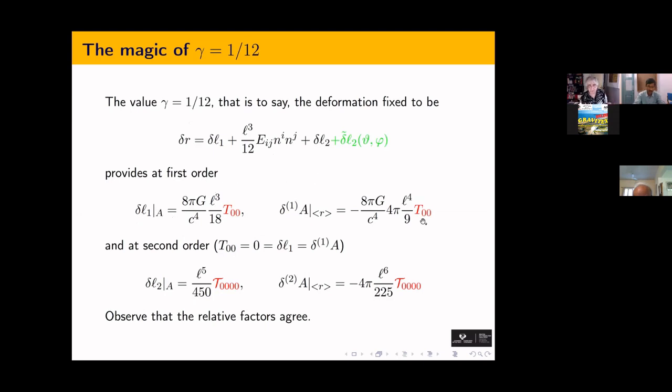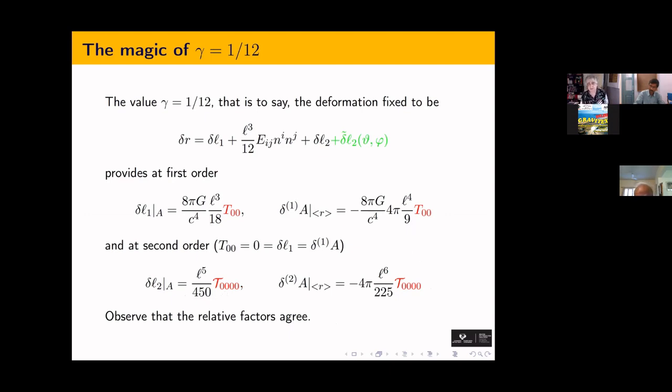I showed you this before. And if we are in vacuum, these of course are 0, and then this is what we get at second order. And you see, this is the excess of radius. This is the deficit of area at the corresponding order. They are proportional to the energy density, they are proportional to the Bell-Robinson tensor, and the relative factors in this case and this case agree.